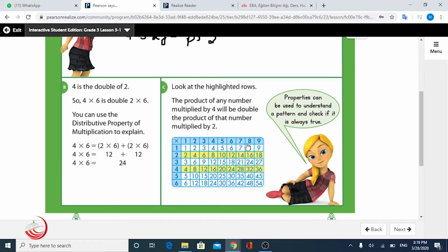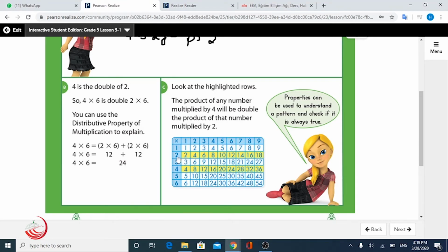Okay, now I want you to look at the highlighted rows in this table. What do you notice? What are your remarks about these two rows? Let's say that the product of any number multiplied by 4 is the double of the product of the same number multiplied by 2.